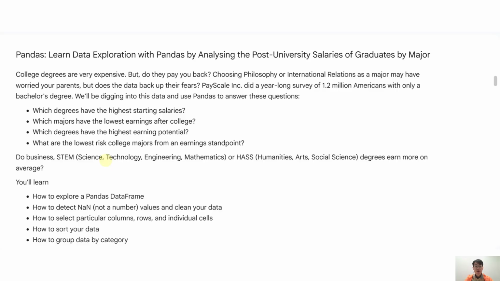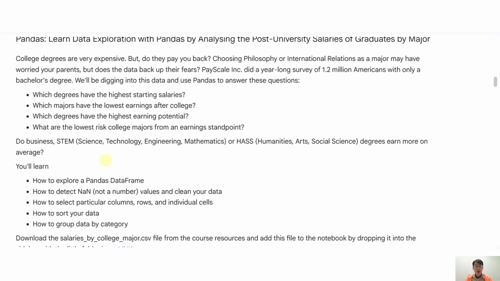So today we will fetch data and check which degree has the highest starting salary in America, and which major has the lowest earnings after college, which degree has the highest earning potential, and what are the lowest risk college majors from an earnings standpoint.